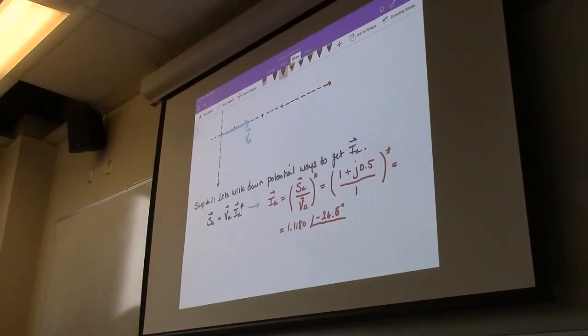Now if we draw our IA, it'll approximately look like this, and the angle in here will be, we'll go ahead and call this theta A.